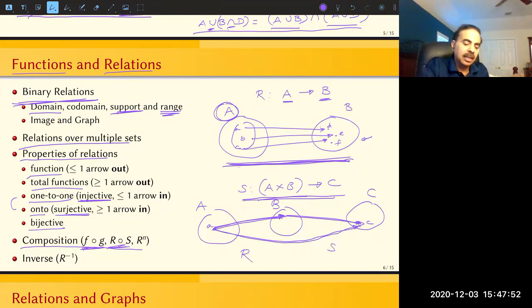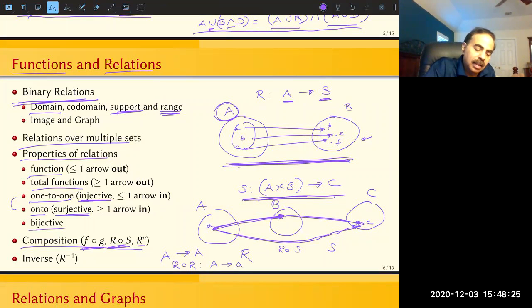So that is called the relation R composed with S, okay? And if you happen to have a relation that goes from A to A, then you can apply this composition again and again, because when you compose R with R, that is still a relation that goes from A to A.